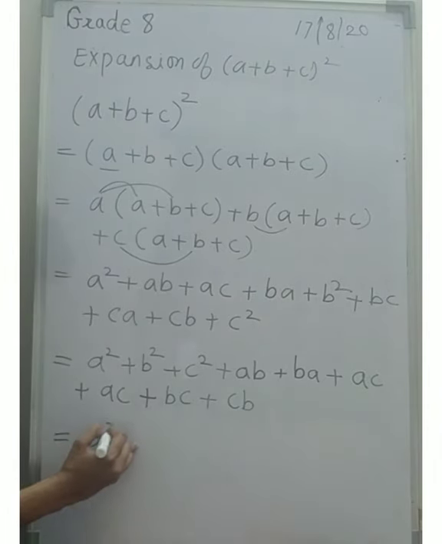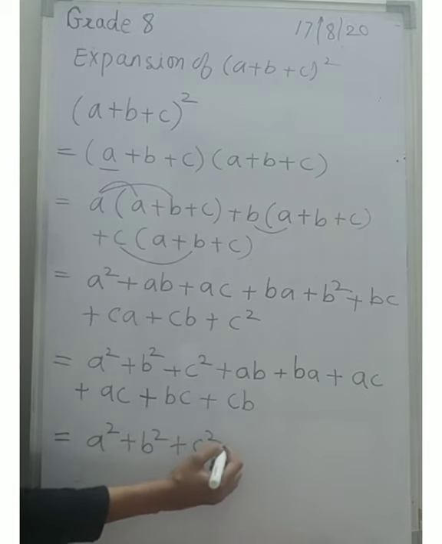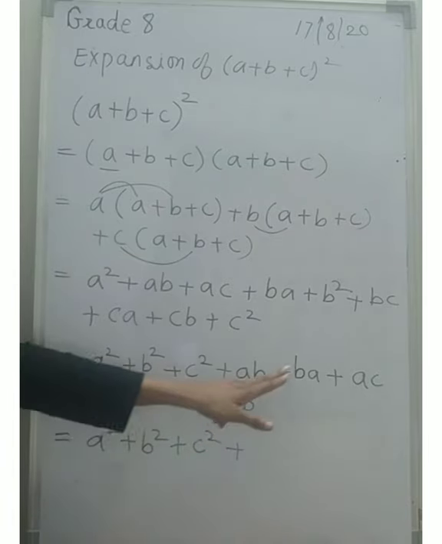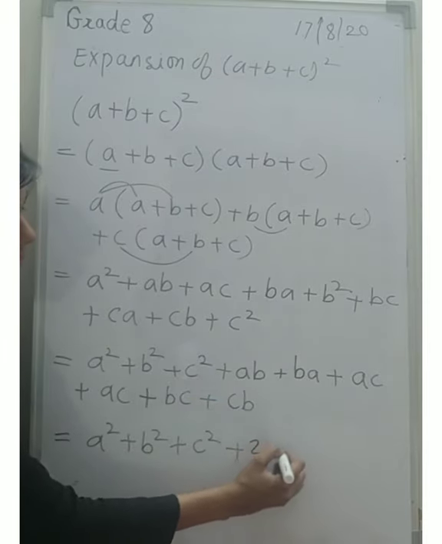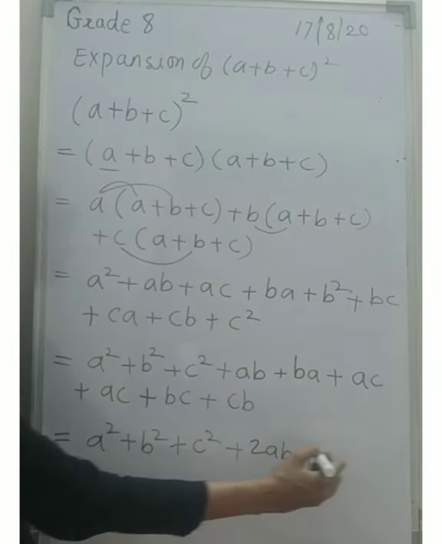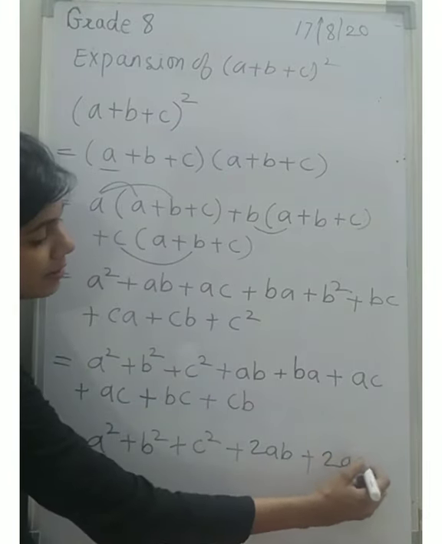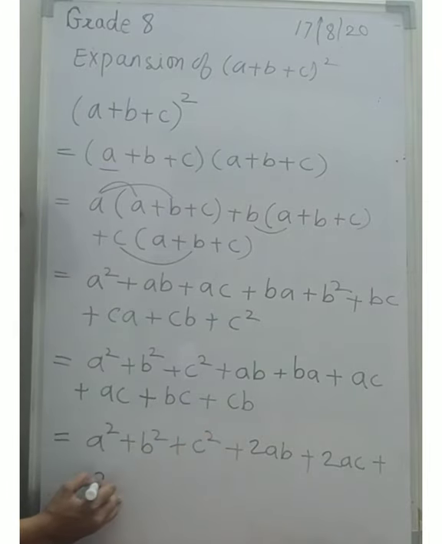So again, just write a² + b² + c². Now ab plus ab will be 2ab, ac plus ac is 2ac, and bc plus cb will be 2bc.